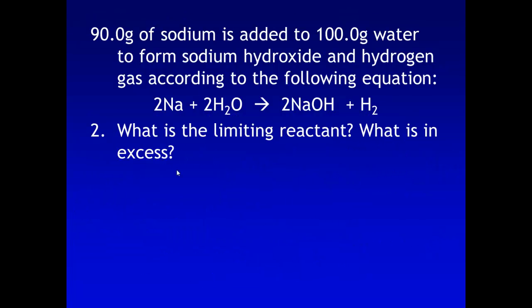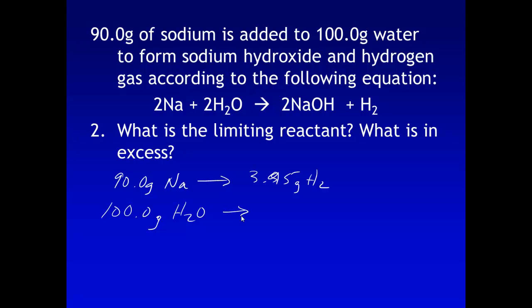So then question 2 is, what's the limiting reactant? What's the excess? Well, 90 grams of sodium made, we said 3.95 grams of hydrogen. And we had 100 grams of water, and 100 grams of water made 5.60 grams of hydrogen.